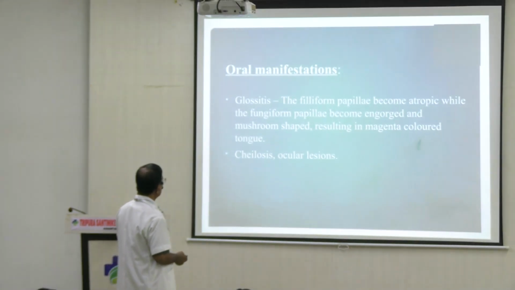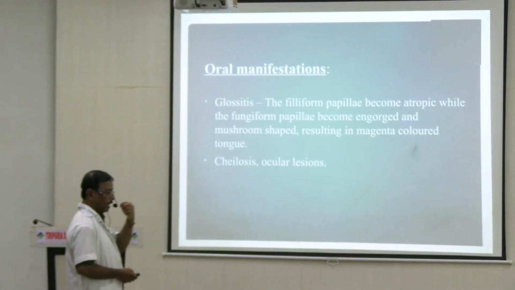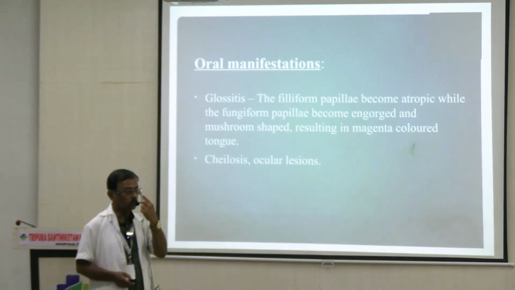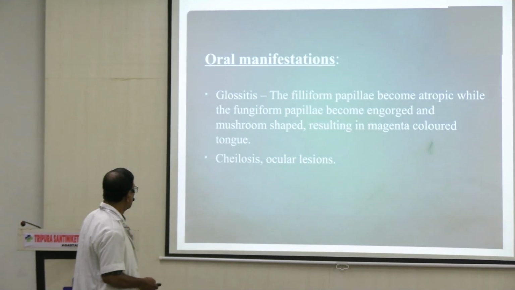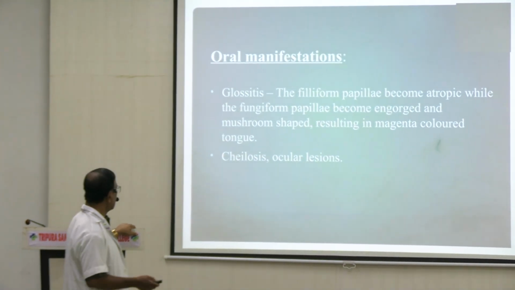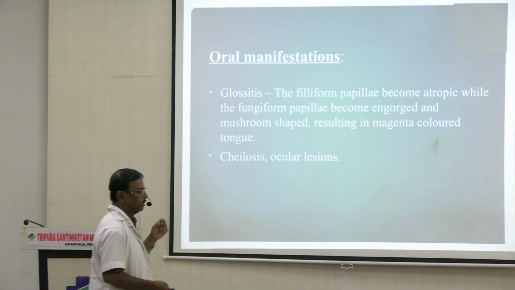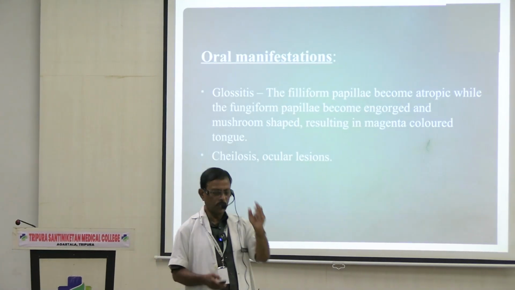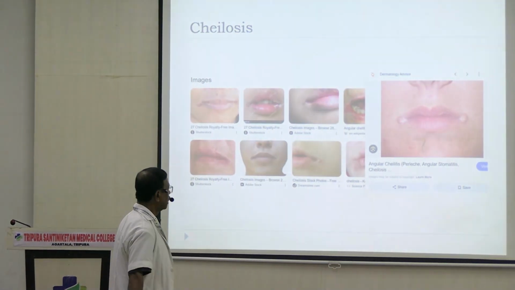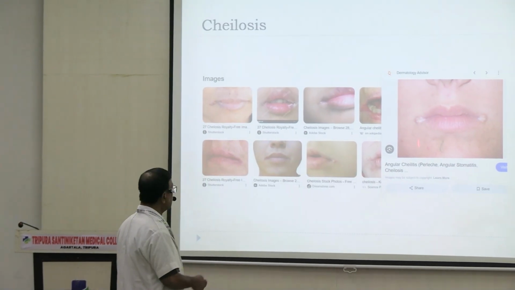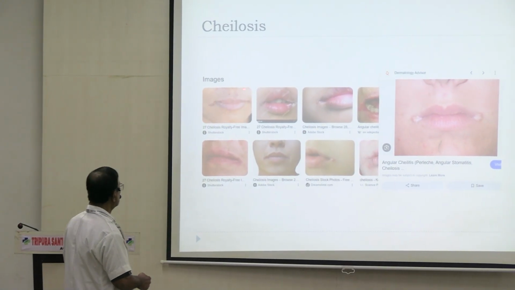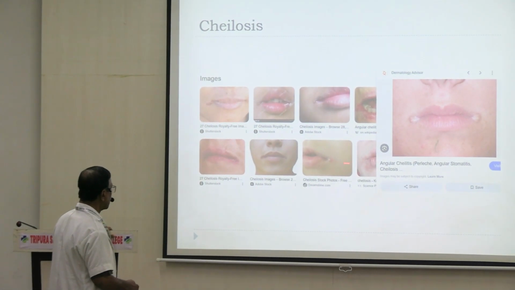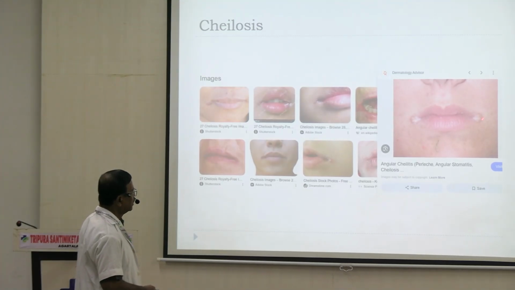Oral manifestations: glossitis, a red tongue, and there may be loss of papillae of the tongue. You will learn afterwards what the papilla of the tongue is. There will be cheilosis: in the angle of the mouth there will be an ulcer. This is cheilosis, a dry, cracked lip, and this is angular stomatitis.